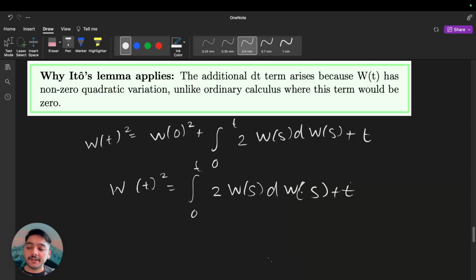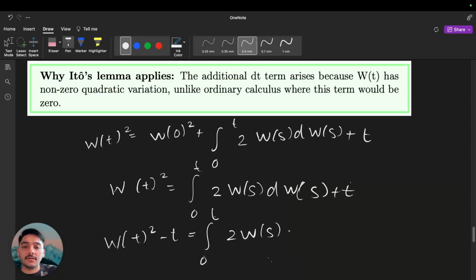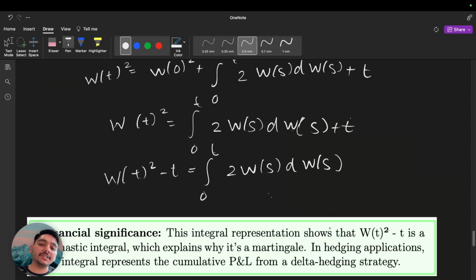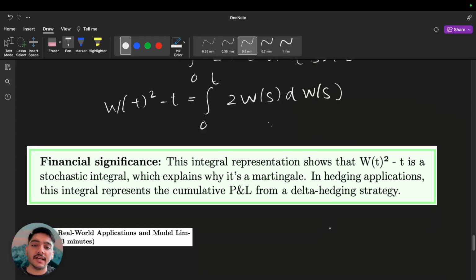Since stochastic integrals against Brownian motion are Martingales, W_t squared minus t is equal to the integral from 0 to t of 2 W_s dW_s. The financial significance is that this integral representation shows that W_t squared minus t is a stochastic integral, which explains why it's a Martingale.